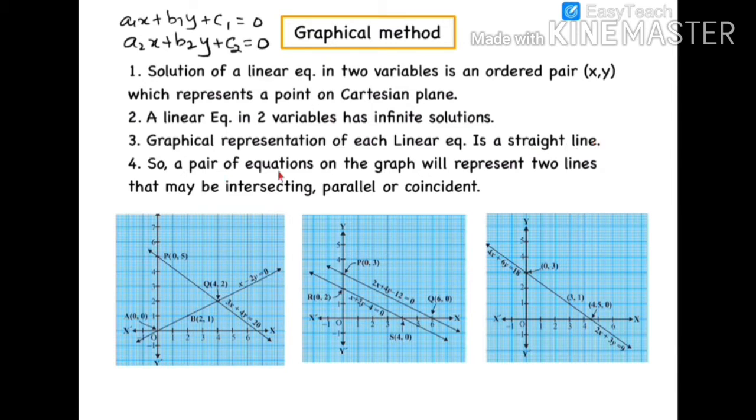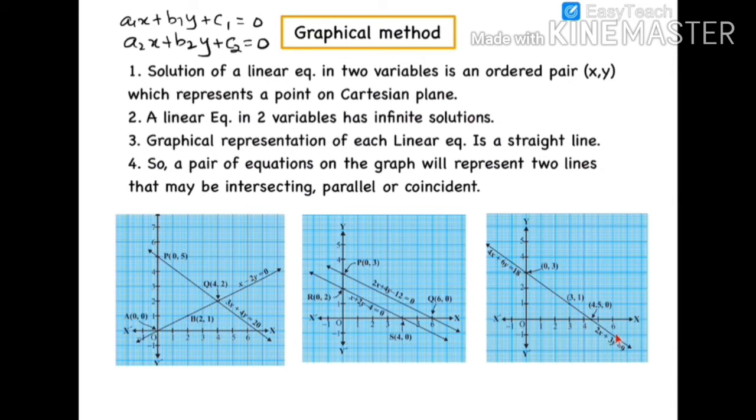So when a pair of linear equations is represented on the graph, we will have two lines that may be intersecting, parallel or coincident. If the lines are intersecting, the point of intersection will be common to both the equations and hence that is the solution. When the lines are parallel, there is no point in common and hence this pair of equations will have no solution.